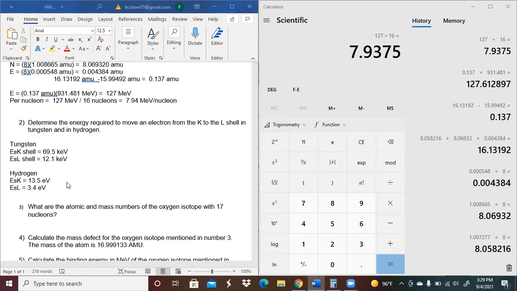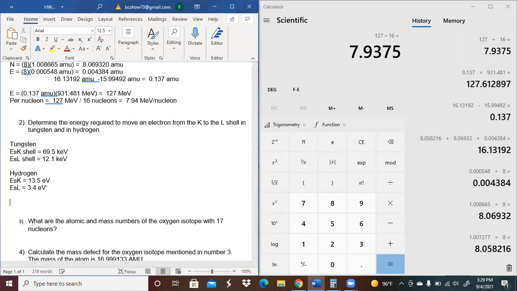So what is the energy required? Well, let's take a look here. For tungsten, to move from the K shell out to the L shell, it would take 69.5 minus 12.1 keV. So what does that equal to?